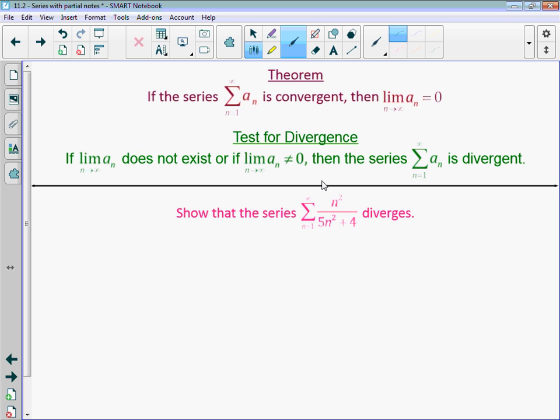And then this one here is the test for divergence. A lot of people forget about the test for divergence, and it's like the easiest test. It usually doesn't work, so you kind of get out of the habit of testing it to see if it works. But when it works, it makes the problem super, super quick. And these will be on multiple choice questions.